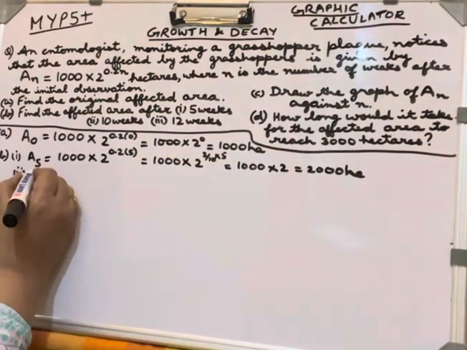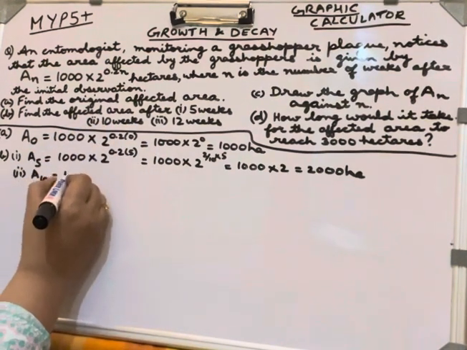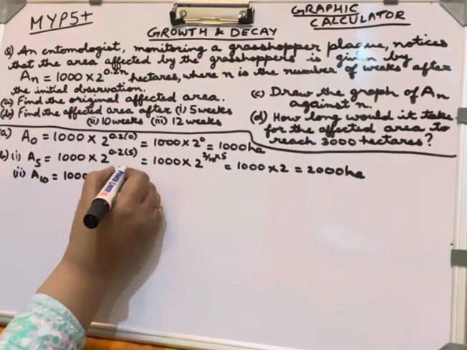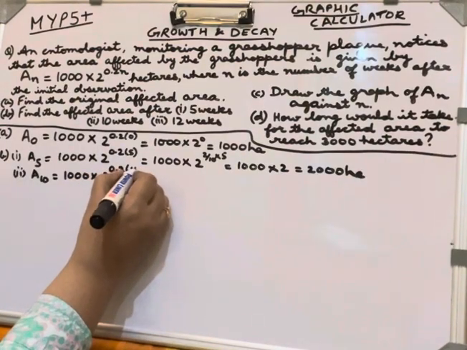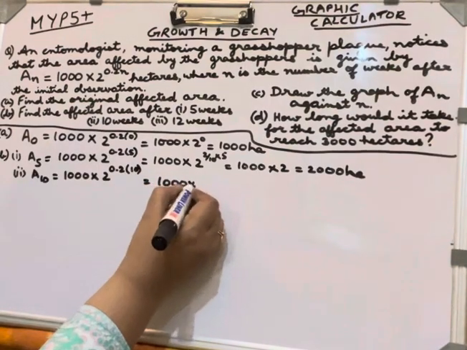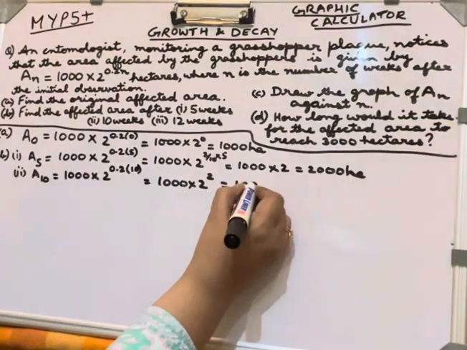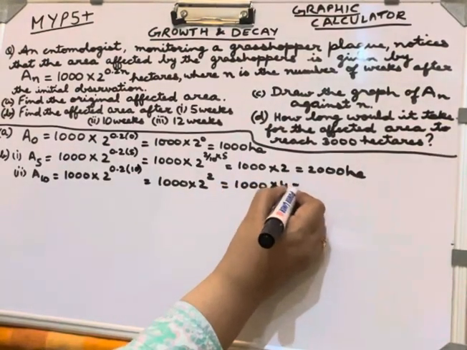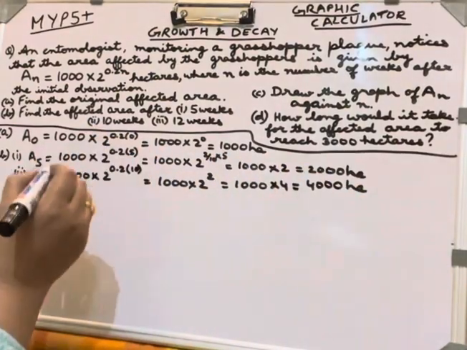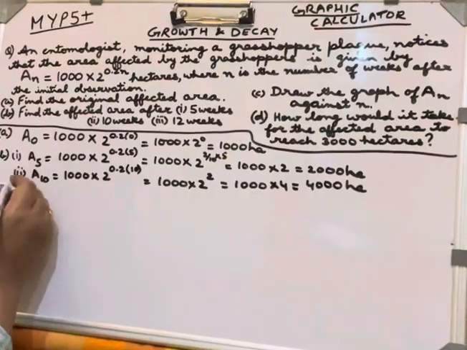Part 2, A after 10 weeks. So A_10 is equal to 1000 into 2 to the power 0.2 into 10, which is 1000 into 2 squared, which is 1000 into 4. So this becomes 4000 hectare. So after 10 weeks, the affected area is 4000 hectare.